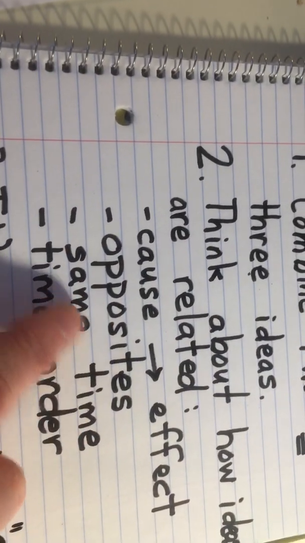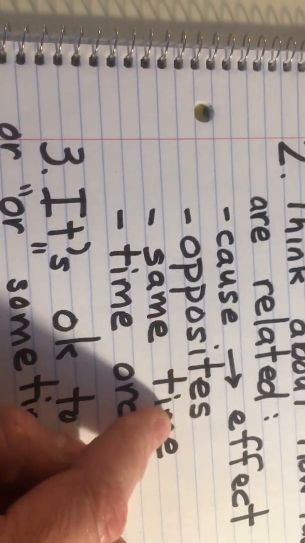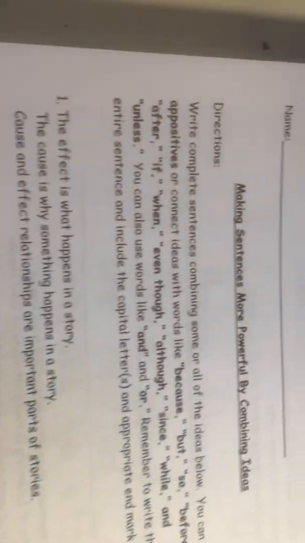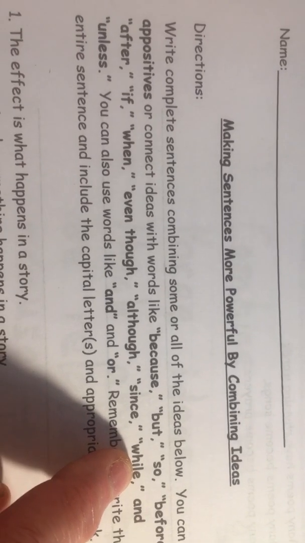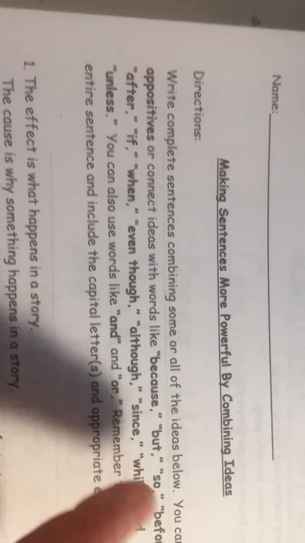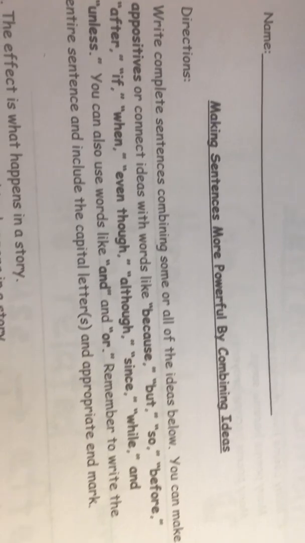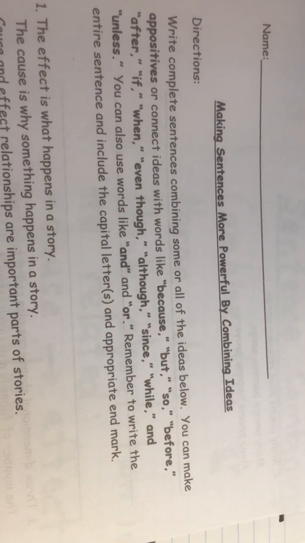If the relationship between the sentences is things that happen at the same time, that could also be a while. That could be a when type of situation.